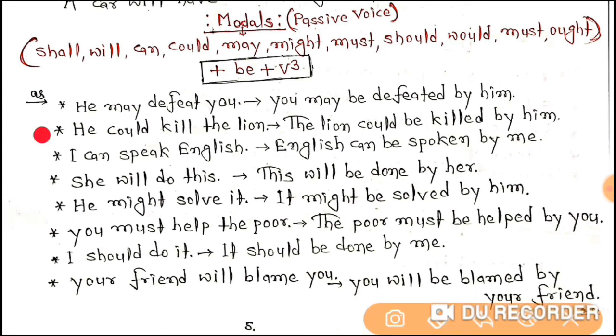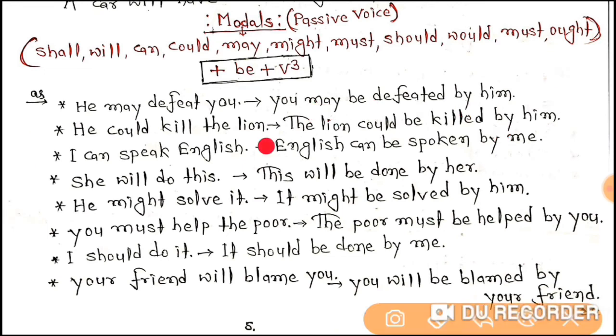Now let's understand the next example. So the next example is: he could kill the lion. So he could kill what? The lion. So the lion could, and could is the modal. So after this be, and then V3 killed, and then by, and again he has become him. So now your sentence is: the lion could be killed by him. Next example, I can speak English.